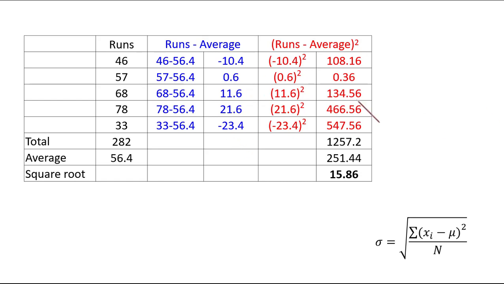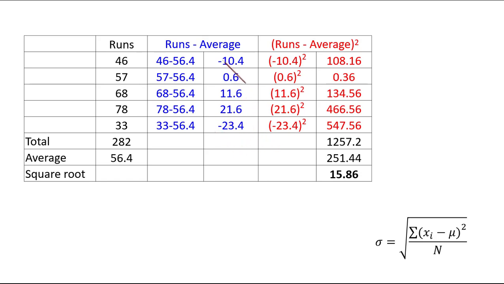So we come to know that in this particular match, he scored 10.4 runs less. In the second match, he scored almost the average number of runs. And over here, he scored more than the average, 11 or 12 runs more. Over here, he scored nearly 22 runs more. And in this match, he scored almost 23 runs less than the average.